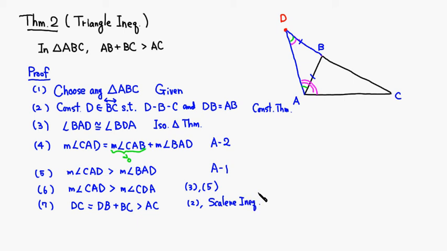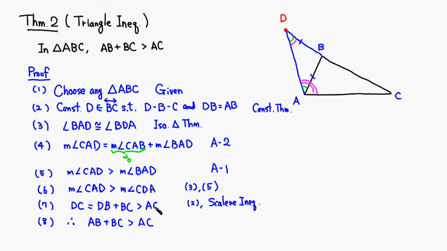Then since DB is equal to AB, this is the conclusion we want to make. So by replacing DB by AB, we get AB plus BC is strictly larger than AC.